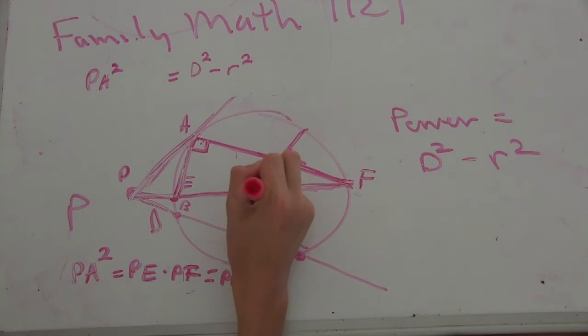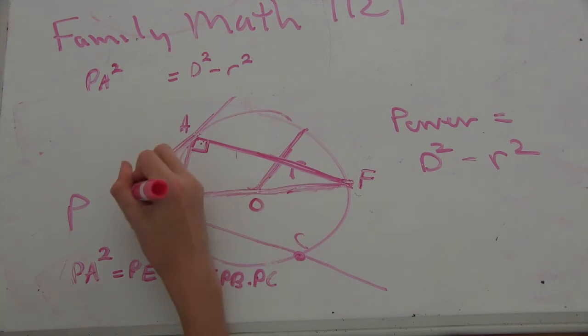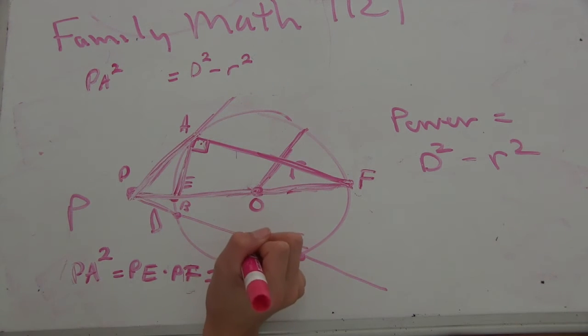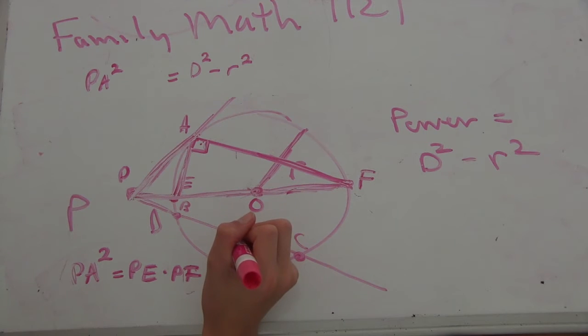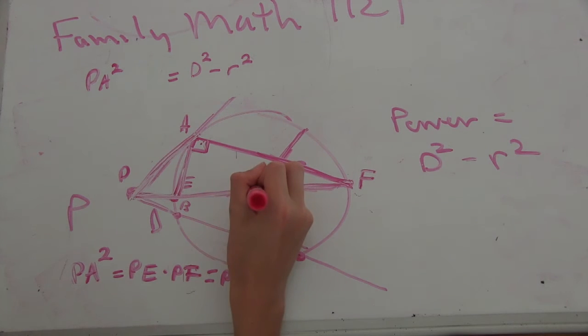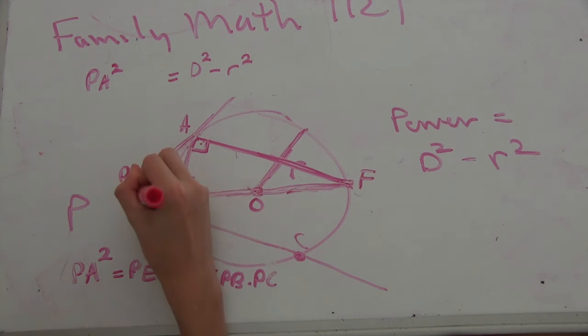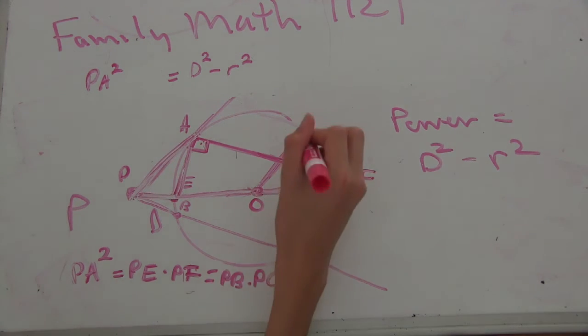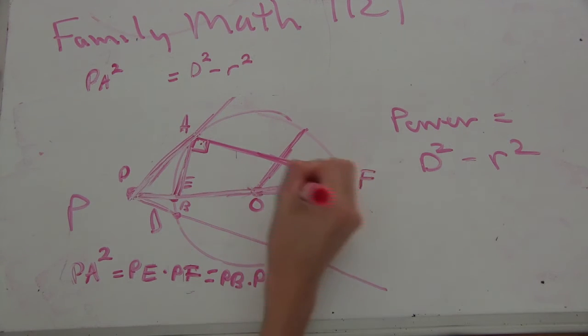Okay, so we have this distance again, D squared. Here we have PE overlapping with that. And then I guess you could sort of fold this radius down here.